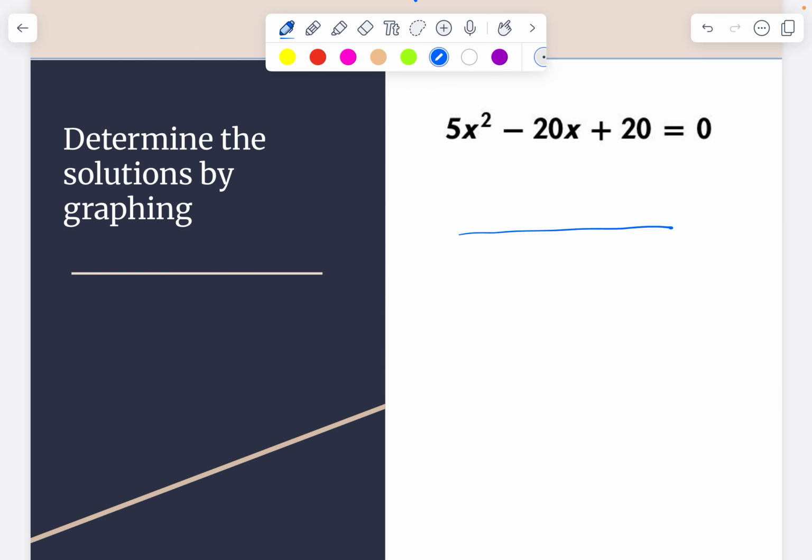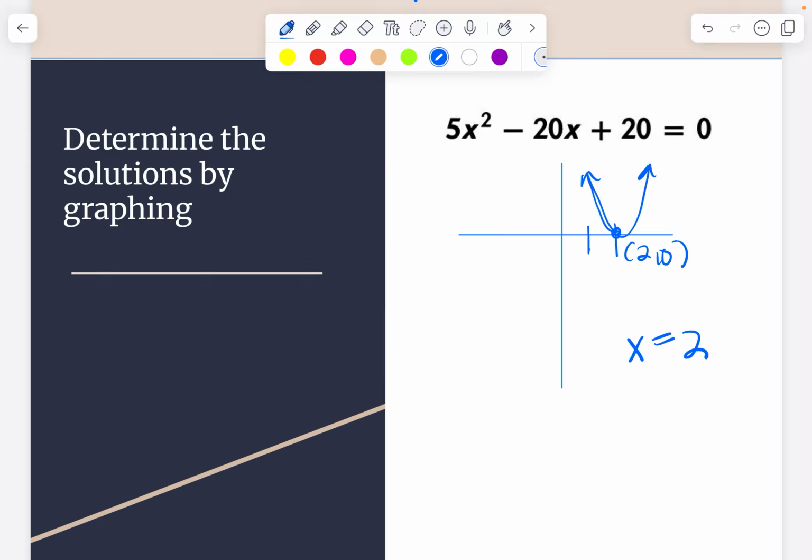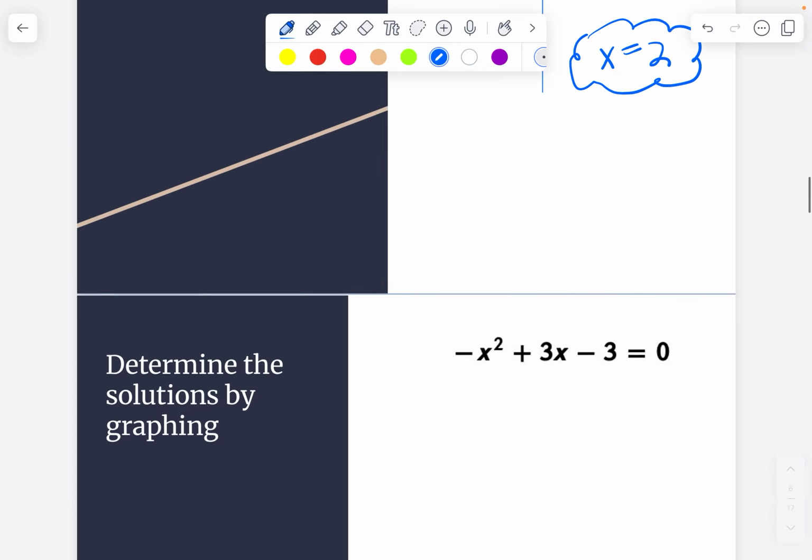So if I just draw a rough sketch of what that graph looks like, it had an intercept at (2, 0). And then the solution is just x equals 2. So the intercept is at (2, 0). The solution is x equals 2.